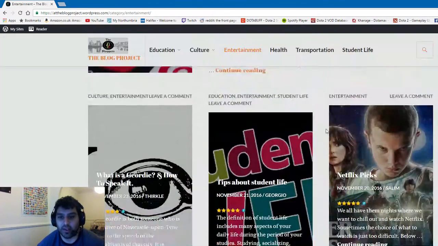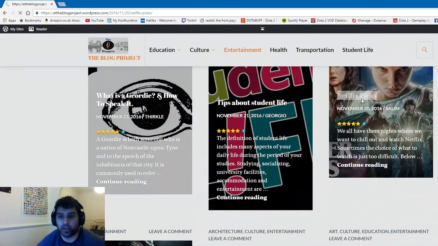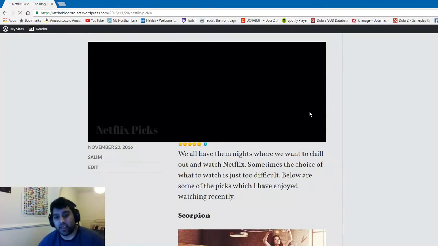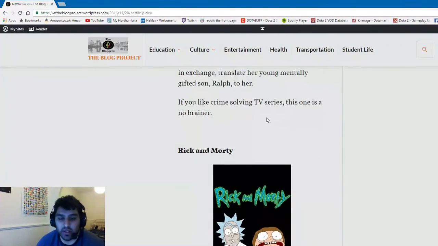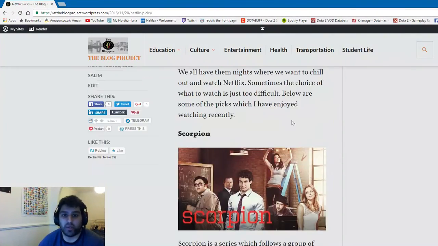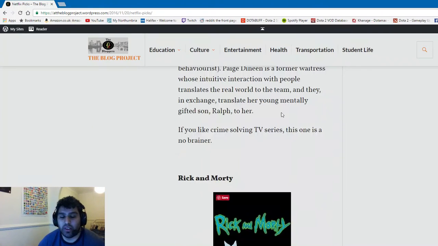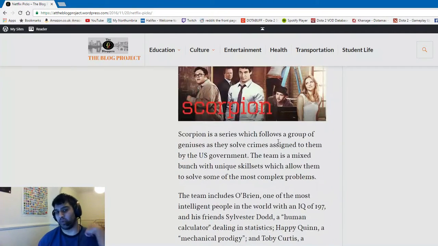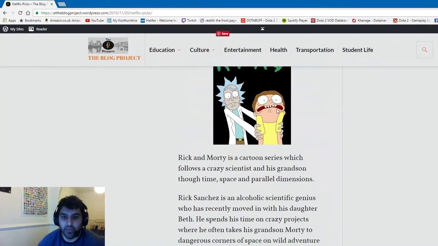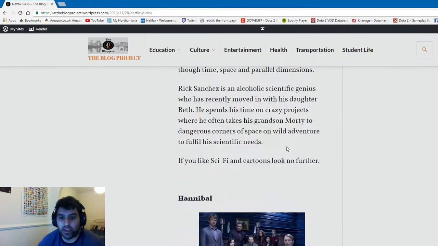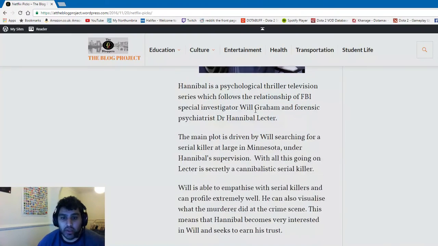I also went for an article on Netflix where I discussed the series that I've watched recently, and the series on there that I like the most. I went for Scorpion, which, if you don't know, is a TV series where all the cast are geniuses, so it's quite interesting. Rick and Morty, which is a sci-fi cartoon.